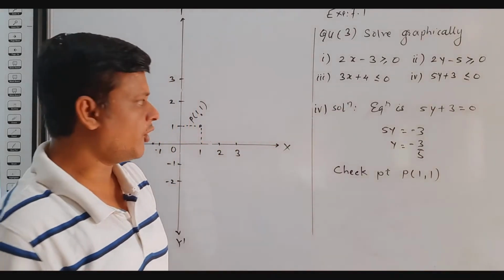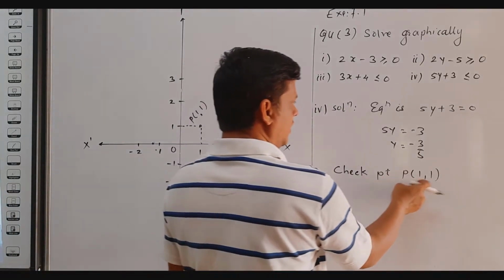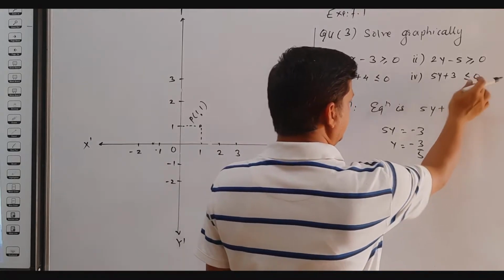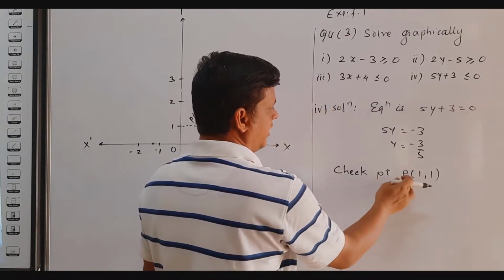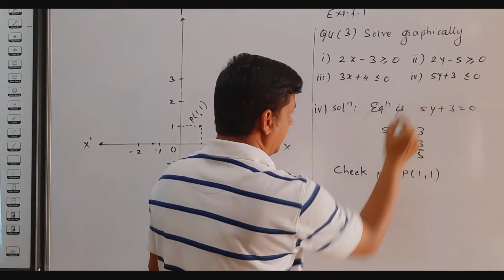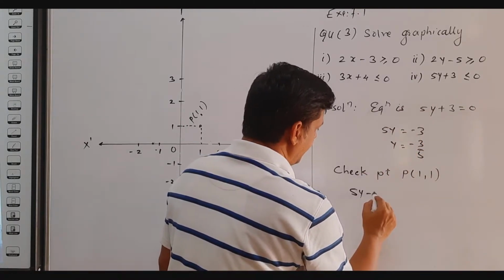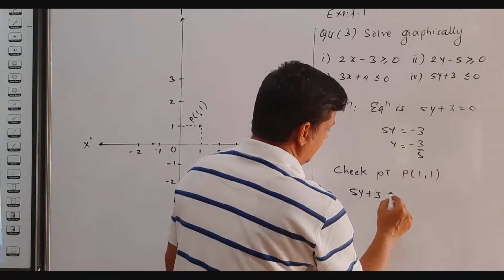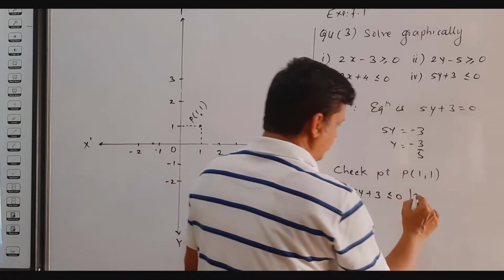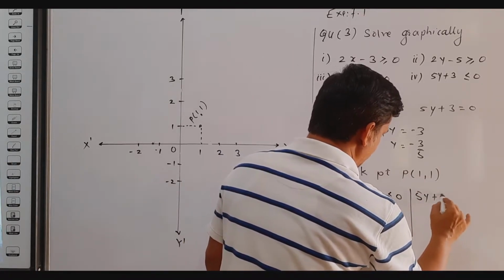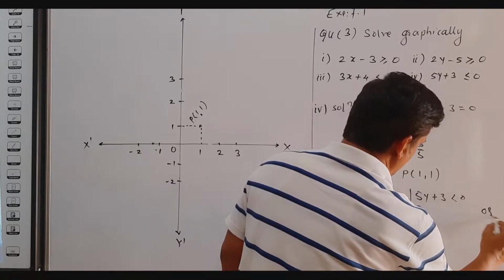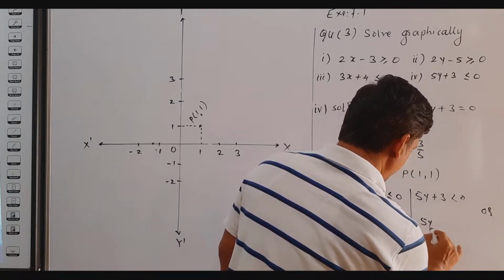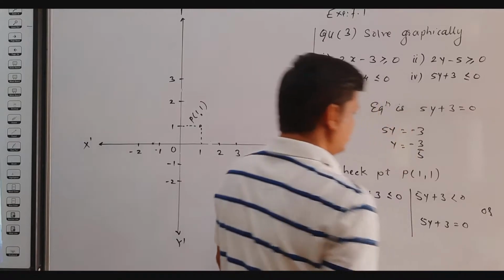So we check whether the point P(1, 1) satisfies this inequation or not. The inequation is 5y plus 3 less than or equal to 0. That means we have to check 5y plus 3 less than 0 or 5y plus 3 is equal to 0.